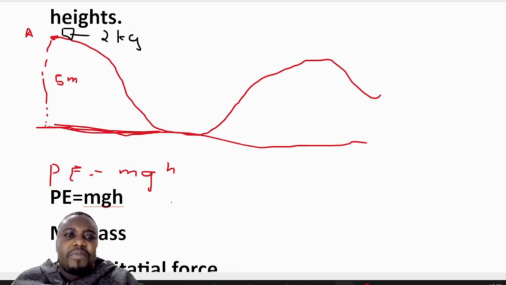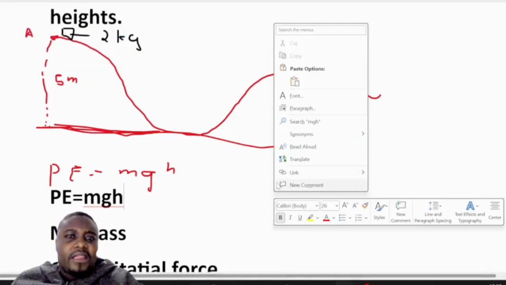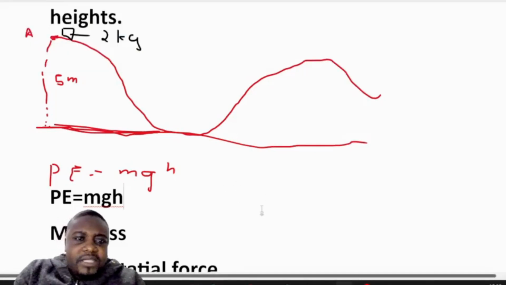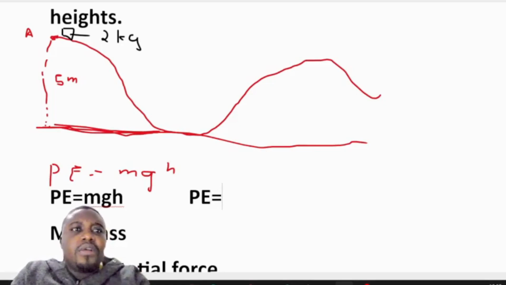So in order to calculate this potential energy, my PE is going to be equal to the mass, which is 2.